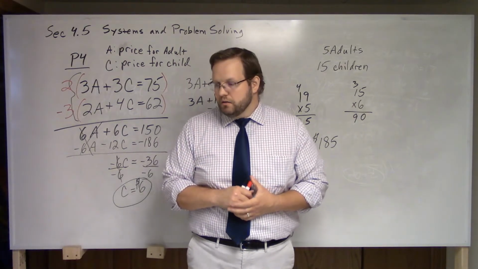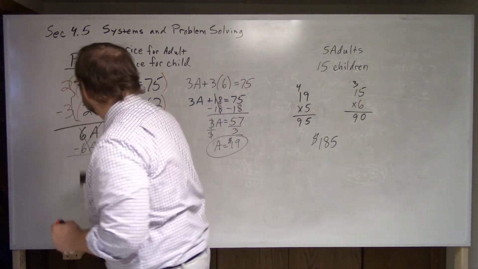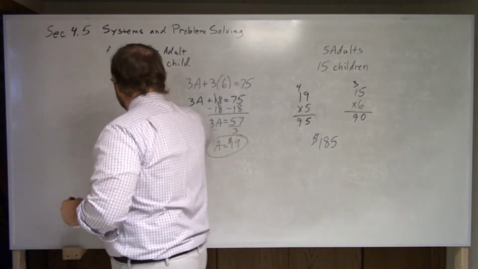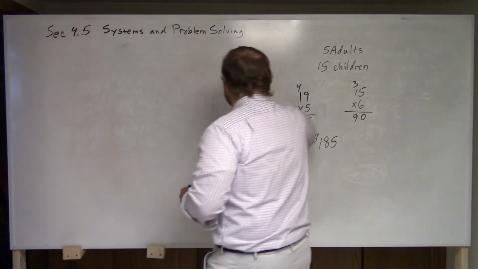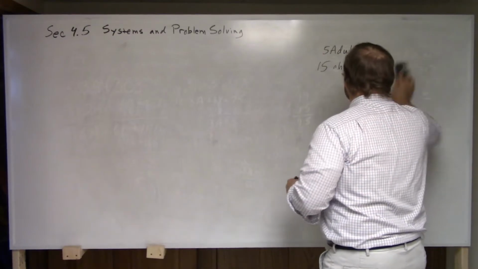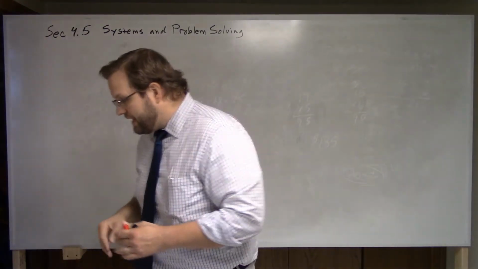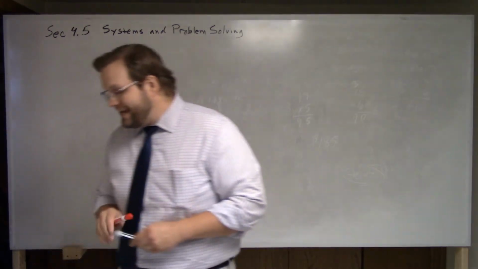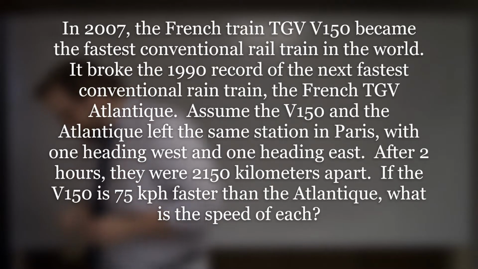Okay, so let's look at another problem. Let's go to practice 5. Practice 5 is found on page 289 toward the bottom. It reads, in 2007, the French train TGV V150 became the fastest conventional rail train in the world.